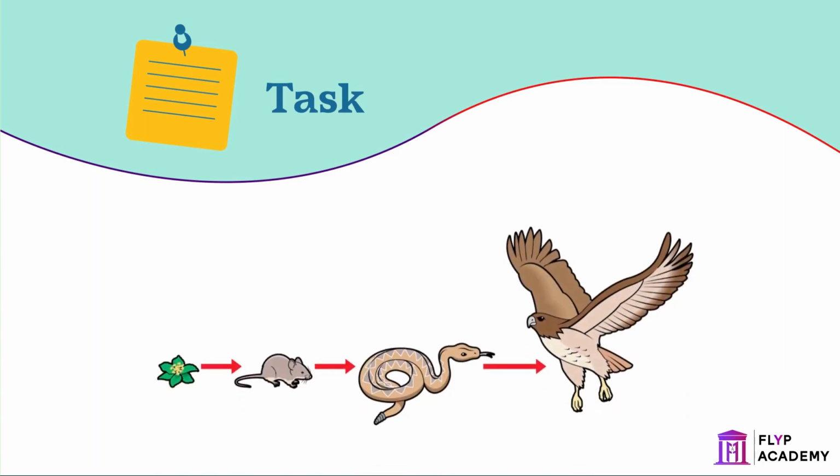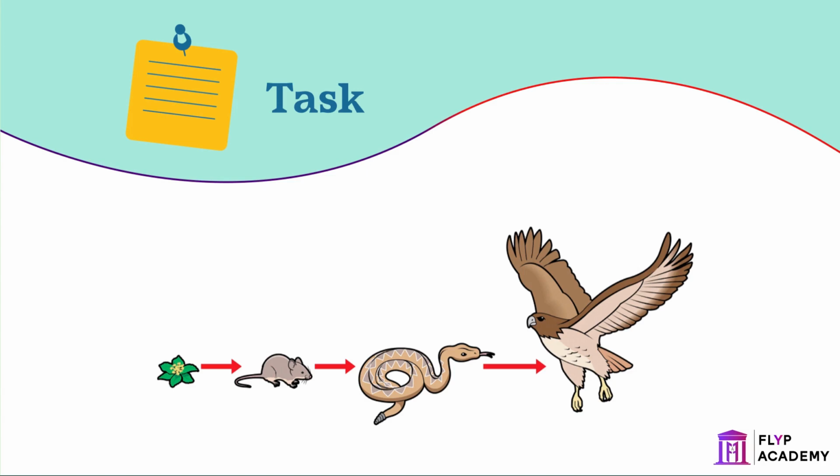The organisms in an ecosystem can be arranged into a food chain. The food chain always starts with the producer, followed by the primary consumer, then the secondary consumer, then the tertiary consumer. Arrows are placed between them to show the direction of energy flow.